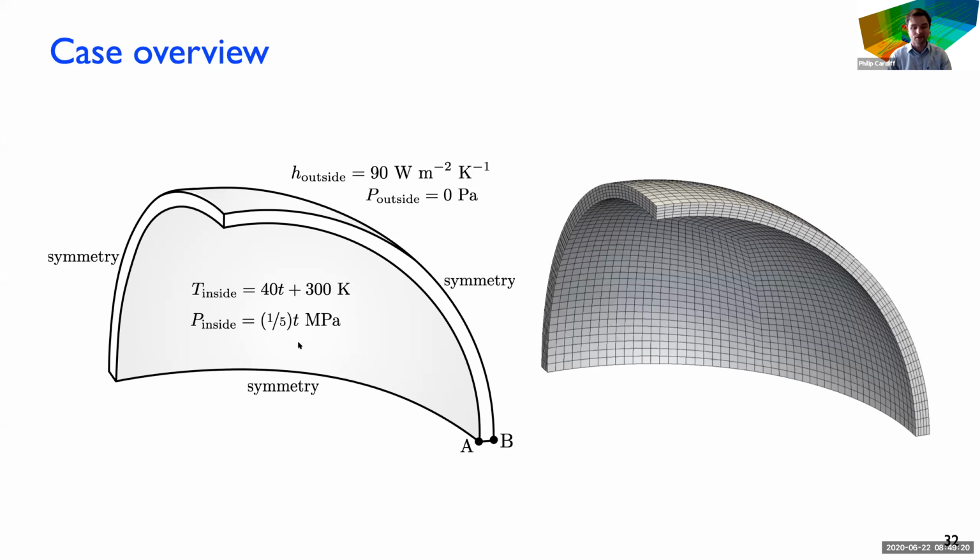So it's just a linearly increasing pressure, starting at 0 and increasing over time linearly. The temperature I'm also going to increase linearly on the inside, so it's getting hotter and higher pressure on the inside. On the outside, the pressure is 0, so it's like just free air. And then I have a heat transfer coefficient, so it's losing heat proportional to the temperature of the surface.